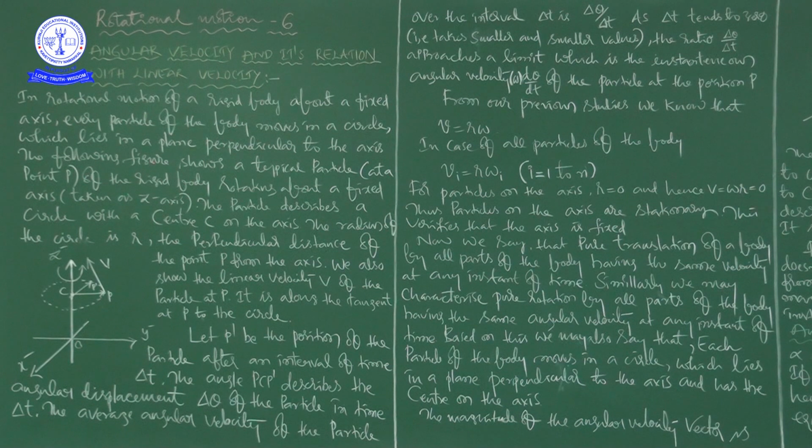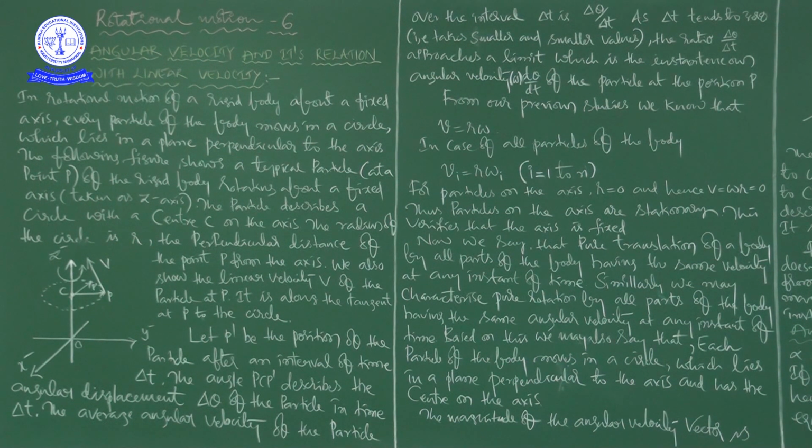See this. In rotational motion of a rigid body about a fixed axis, every particle of the body moves in a circle which lies in a plane perpendicular to the axis. Okay, right. I will repeat once again.